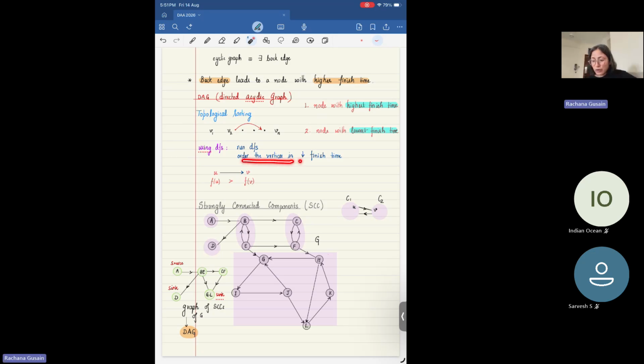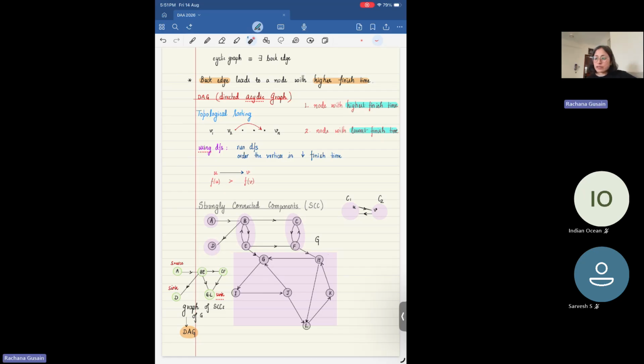We order the vertices in decreasing finishing time. Yeah, we start from source. So reaching the sink takes time.